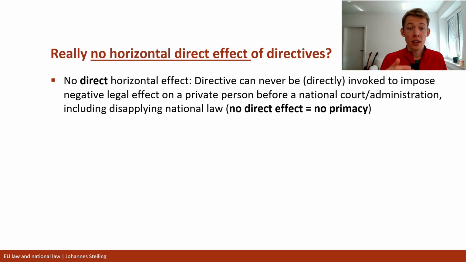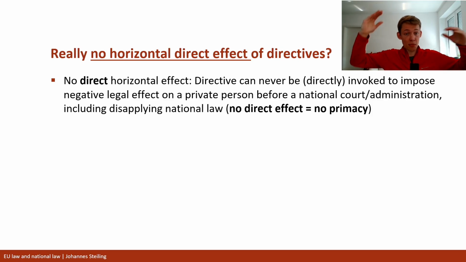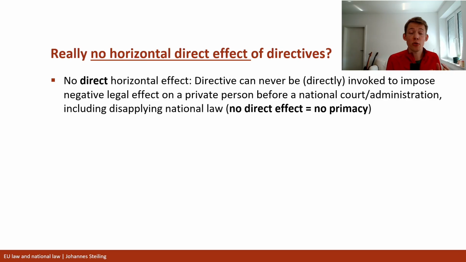So there's no direct horizontal effect, and we have learned, remember our requirements, if we don't have direct effect, we can't have primacy. So at the least, we can't disapply national law based on this provision. So we would still apply national law, even though the directive says something else and the implementation deadline has passed. I can't invoke the directive, so there's no primacy in the sense that I will disapply national law.